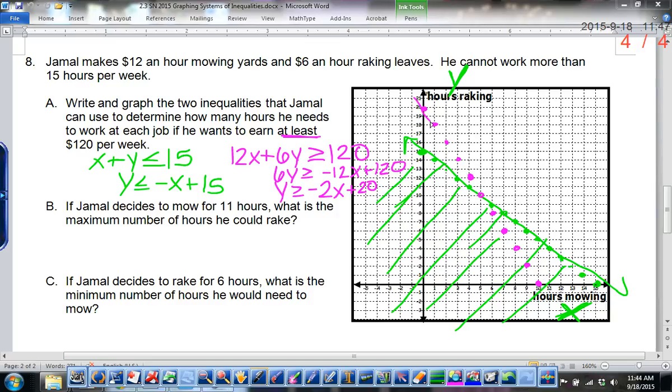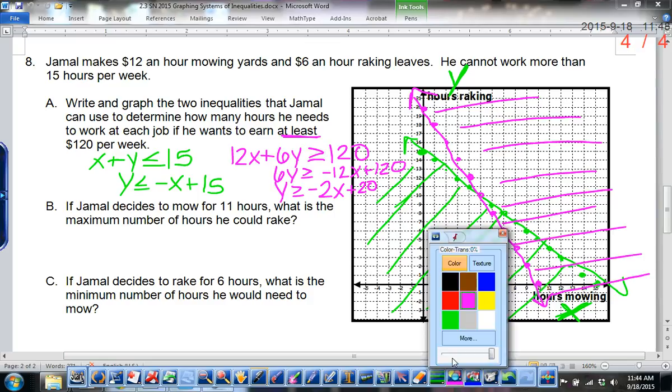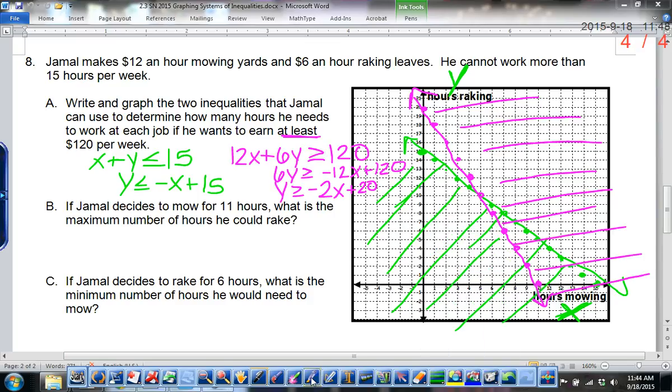That line's also going to be solid. I'm going to shade above that line or below that line? Above. So that would mean that our solution region is this piece in here, right?